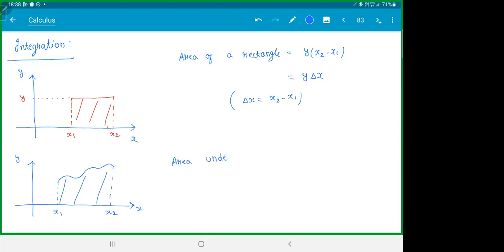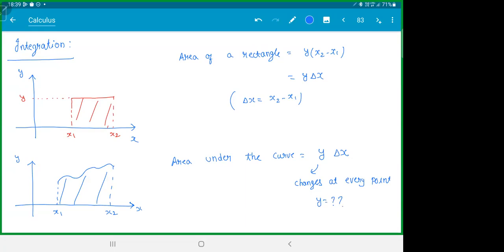So for the area under the curve, we face a problem. If you try to use the rectangle formula, which is length into breadth, that is y into delta x, the problem is, what is y? This y changes at every point. We don't know the value of y. This actually creates a problem for us.